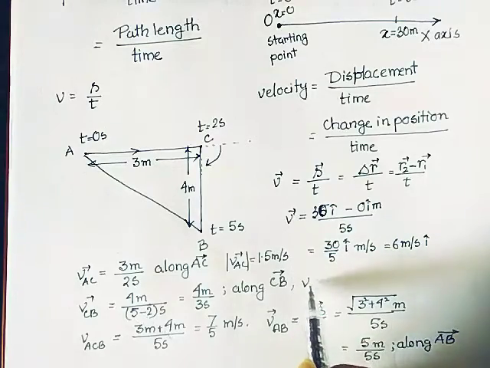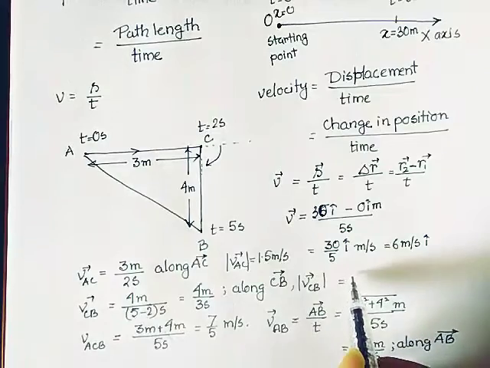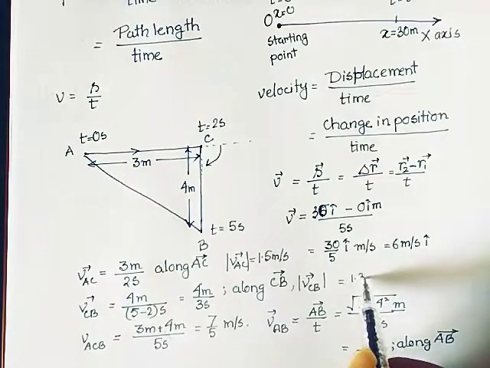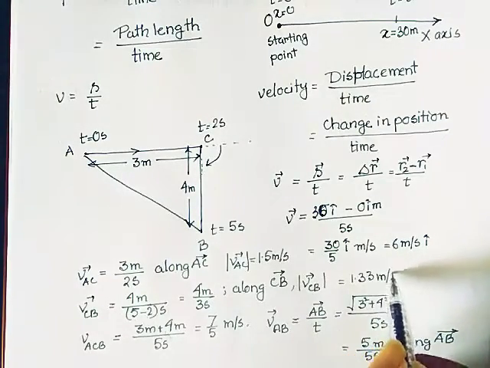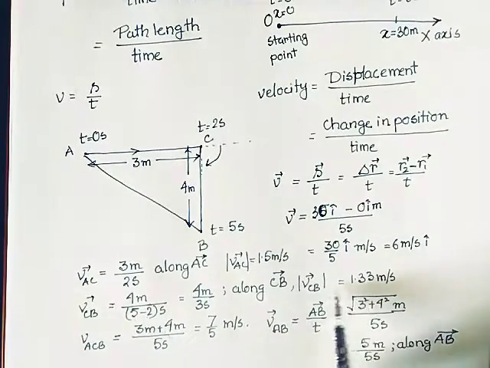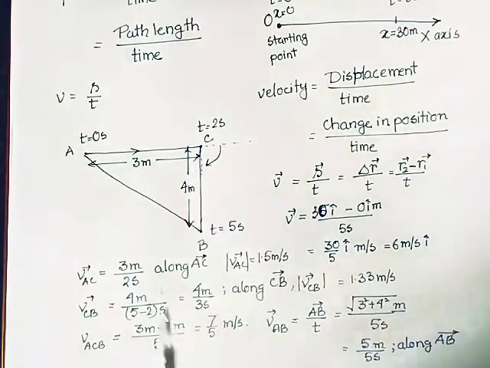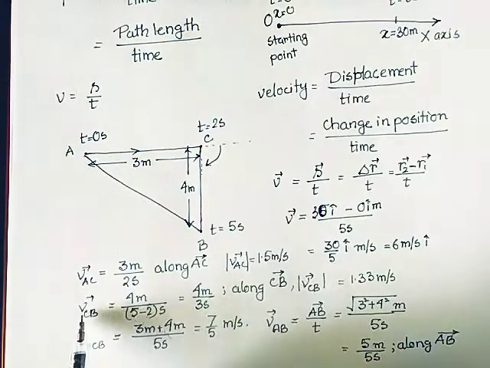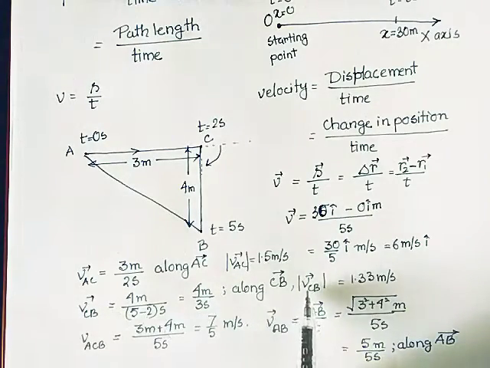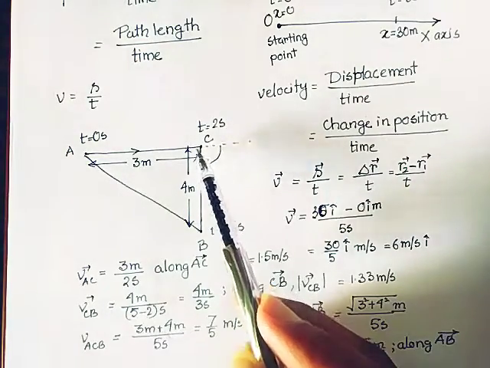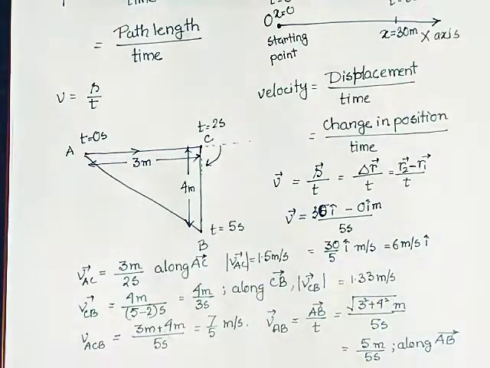If I calculate the magnitude of it, that is 4 by 3, that is 1.33 meter per second. This will also give us the speed in the CB section. Here the magnitude of VCB, the velocity, and the speed are of the same value, because the path is not changed in moving from C to B.